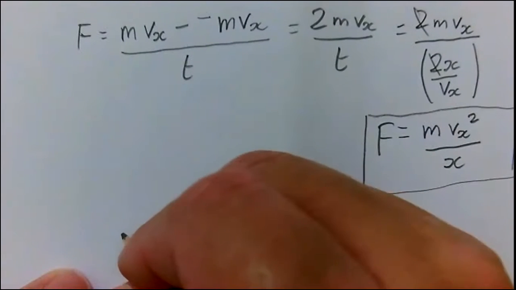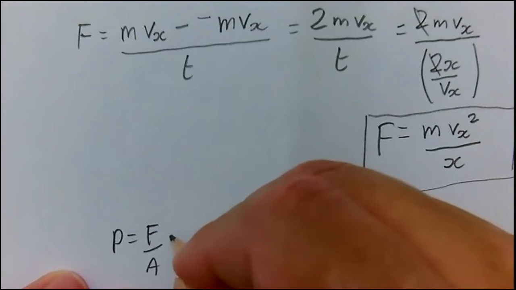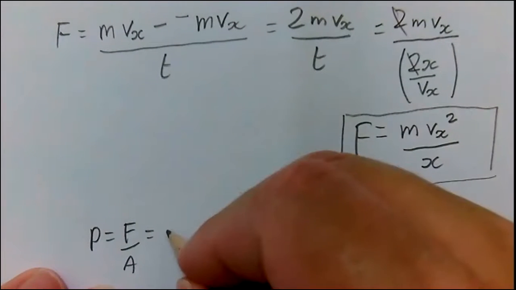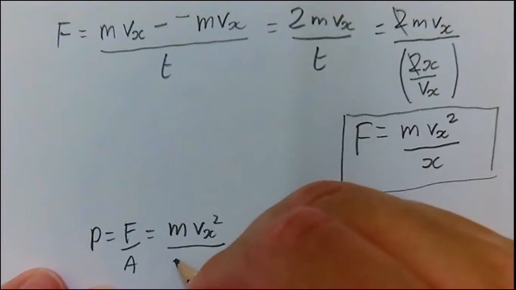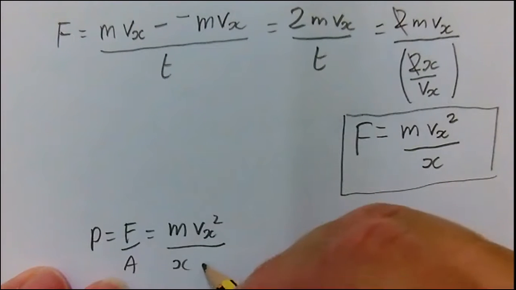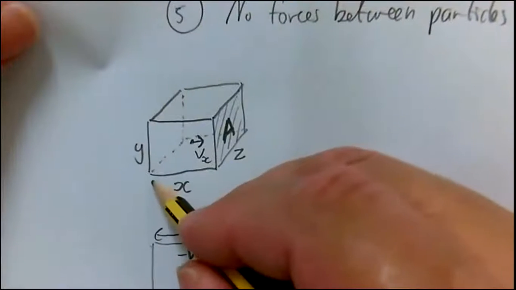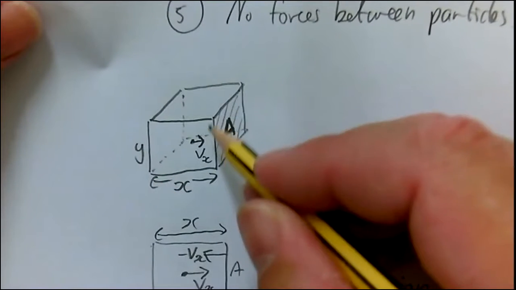So the pressure is the force over the area. If we use our formula for force from here, we end up with m Vx squared over x, also divided by the area. Now, if we look carefully at this area, we've got this distance x multiplied by this area here.